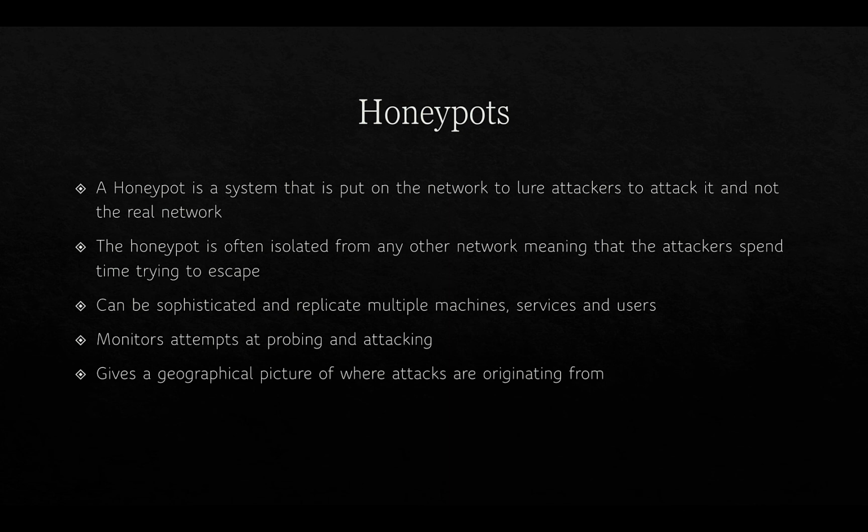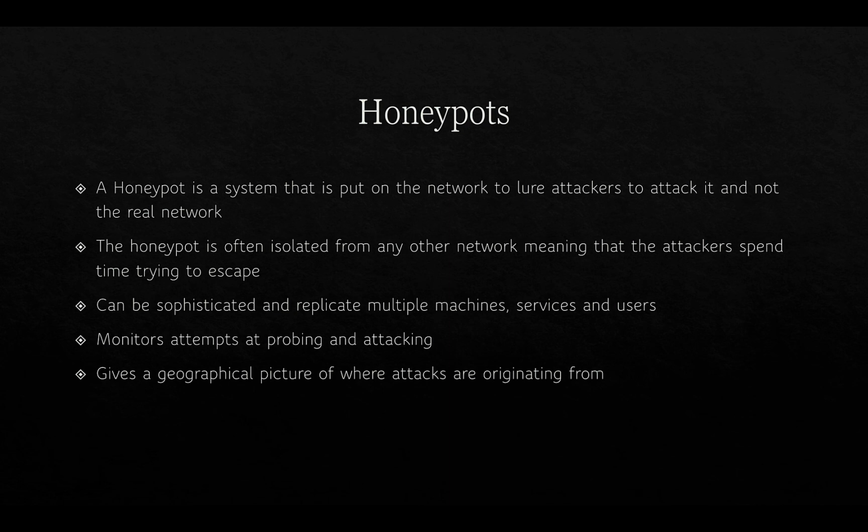Honeypots, we've seen one in the labs called Cowrie, and this is a system that is put on the network to lure attackers to attack it and not the real network. The honeypot is isolated from any other network, meaning that the attackers spend time trying to escape it. It can be sophisticated and replicate multiple machines, services, and users, sometimes referred to as honeynets.